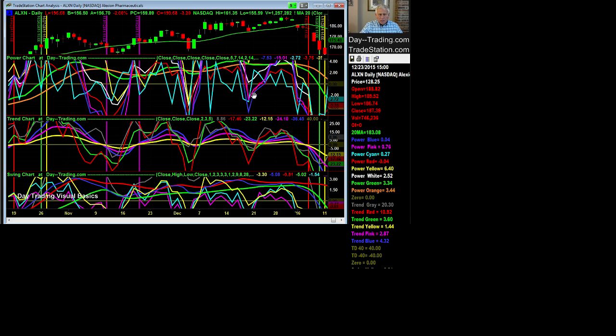Let me start by pointing out what I have here on the vertical lines. I'm going to start with the 2 yellow lines. This yellow line here is in the swing chart when the swing red crosses over the 0 line.